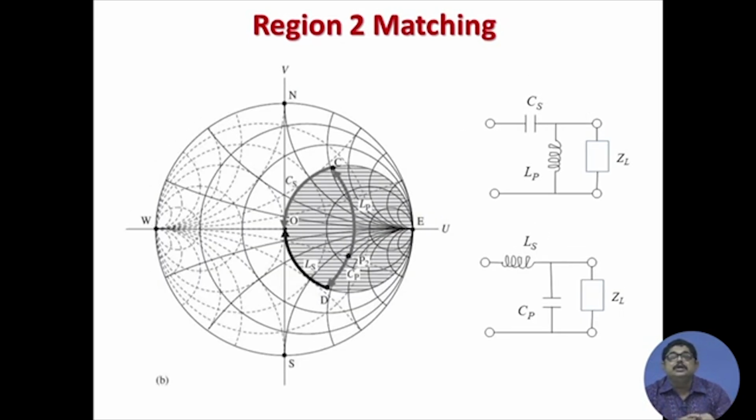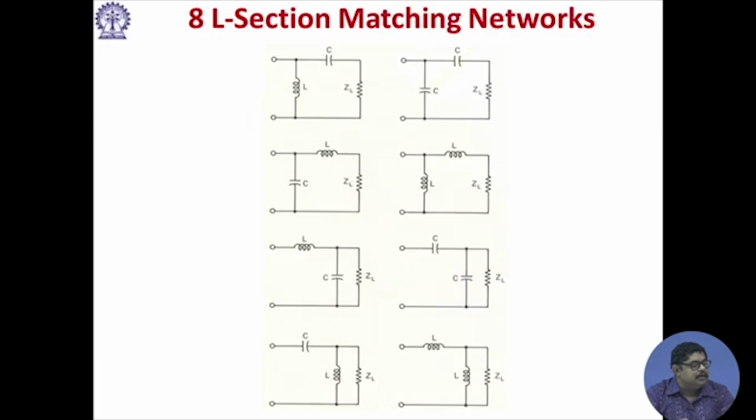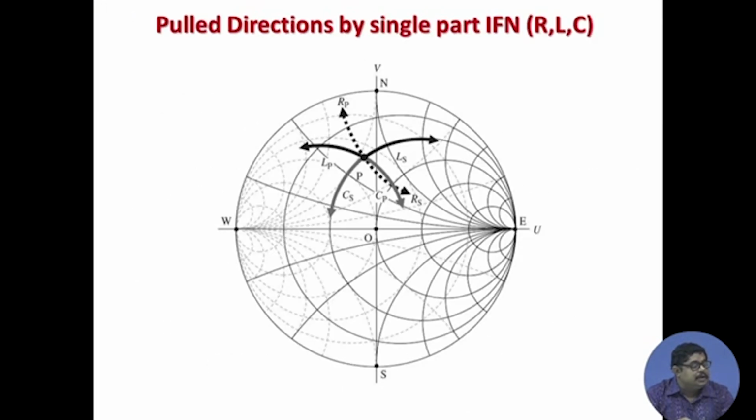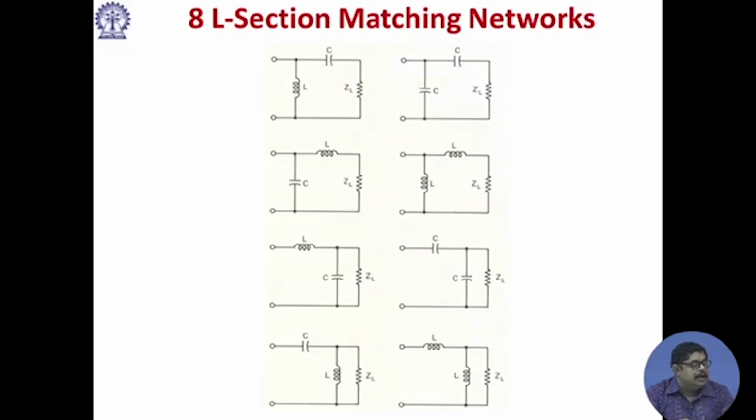The same thing applies in region 2. If you are originally in region 2, that means at point P2, you see that in 2 ways you can be pulled. From P2 you can either come down to point D and then from D to O, or from P2 you could have gone to C and then C to O. Again, looking at that final graph of the one-way element movement actually helps you tell which way you are getting pulled, and so which element to choose.